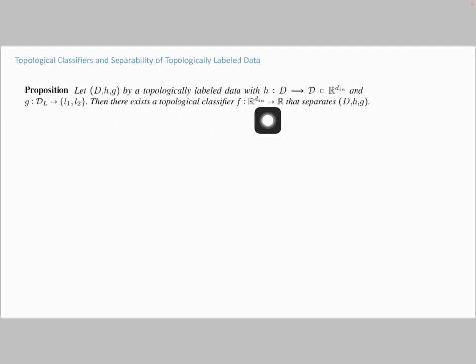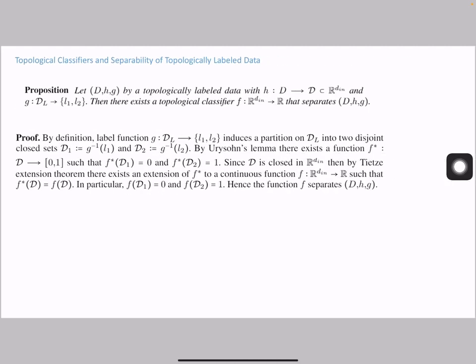Then we can always find a topological classifier that separates this data, and the proof is really easy. By definition, this labeling function induces two closed and disjoint sets, D1 and D2, which are just the inverse images of these singletons here. And by Urysohn's lemma, there exists a function from D to [0, 1] that sends the first set to 0 and the second set to 1.